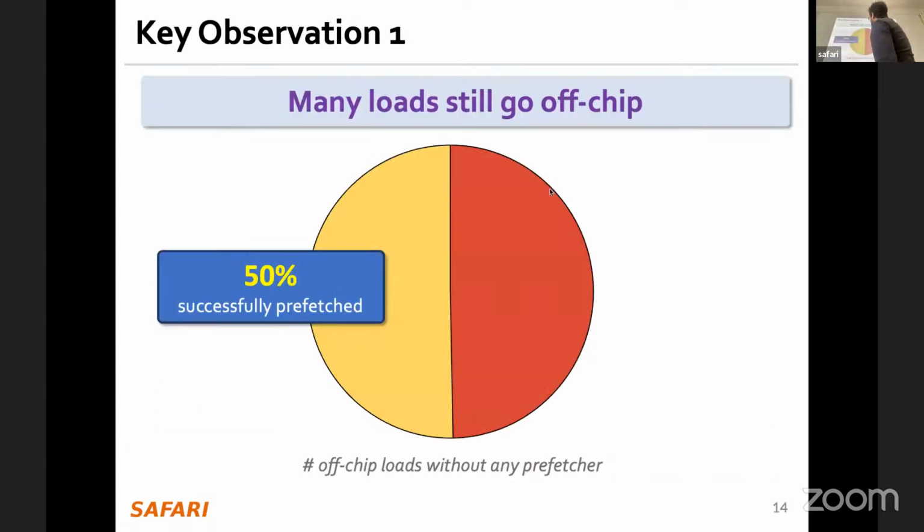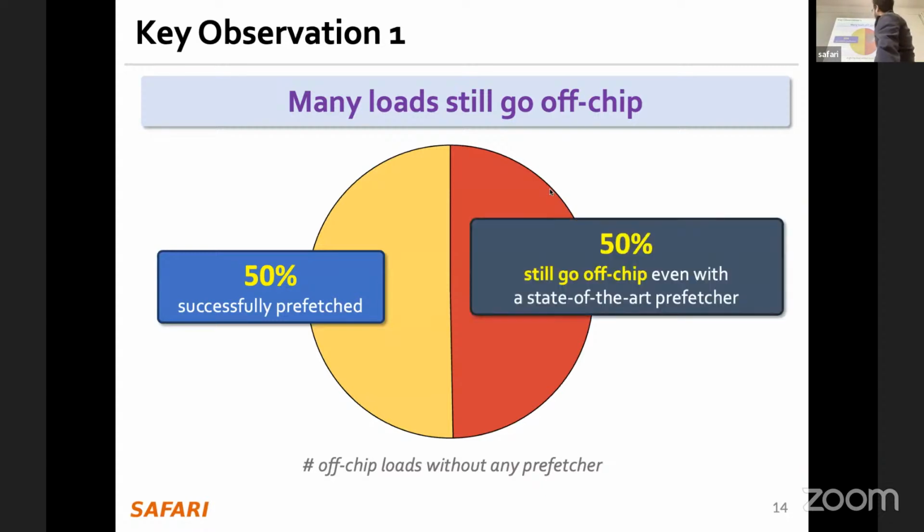In this work, the first observation is that even if you have a very state-of-the-art, cutting-edge prefetcher deployed, 50% of the load requests that miss the cache hierarchy and go to DRAM can be successfully predicted by a prefetcher, but the remaining 50% keep on going to the main memory. So you cannot hide them.